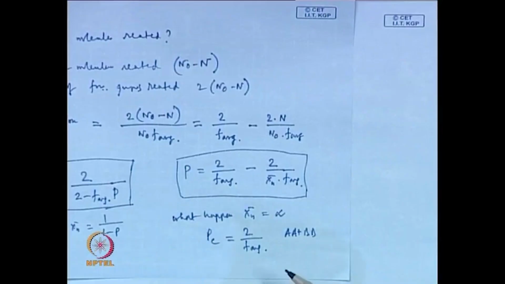From a practical point of view, I will come to it in the next lecture: what is the utility of branch formation or cross link formation? What is the problem if we have cross link formation, or in some cases there could be some property advantage if you have a lightly cross linked network present in your polymer system.